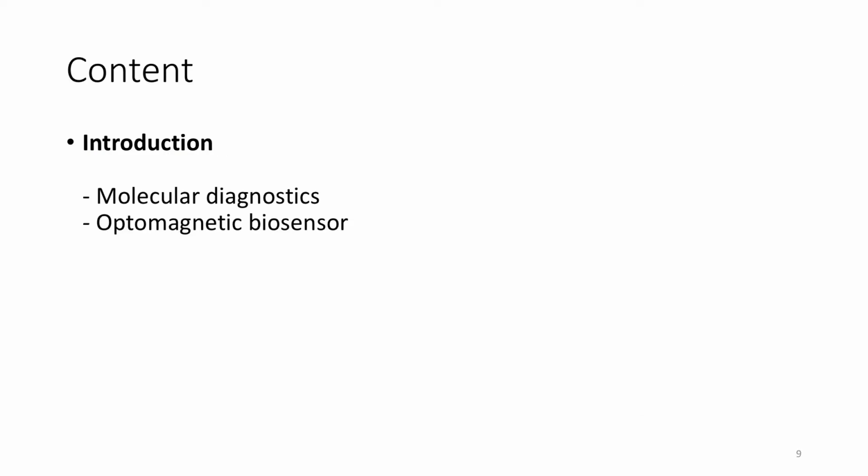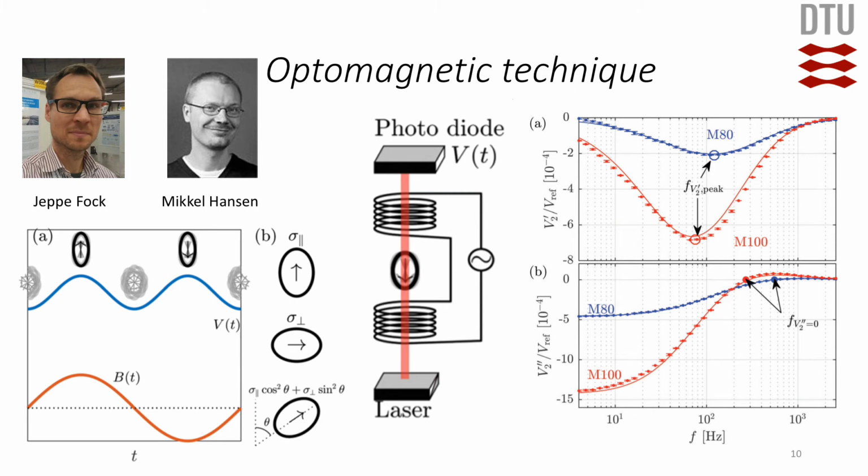Next in my talk is the optomagnetic biosensor as an alternative to paper or fluorescence techniques. Let's speak about the optomagnetic technique that has been developed at the Technical University of Denmark by the PI Mikkel Hansen and a colleague of mine, Jeppe Fogh.